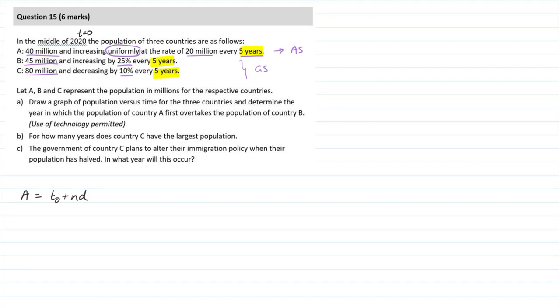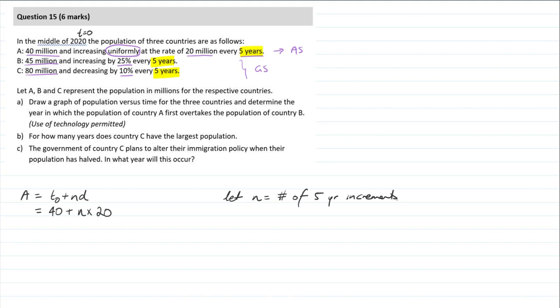And then my subsequent terms will be each 5 years, and n will represent the number of 5 years. So my common difference for A and my first term is 40 million plus n times my common difference is 20 million. Increases by 20 million every 5 years, where I let n equal the number of 5-year increments.